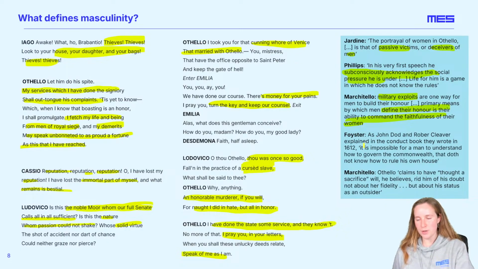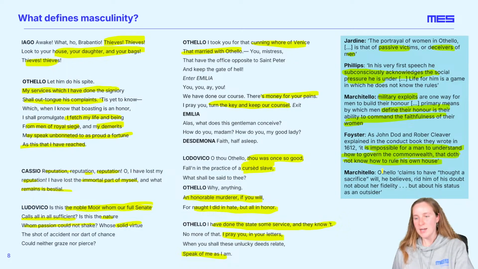Foister says, as John Dodd and Robert Cleaver explained in the conduct book they wrote in 1612, it is impossible for a man to understand how to govern the Commonwealth that does not know how to rule his own house. So this idea then that Othello's military reputation suffers even when he thinks he can't control his own household.